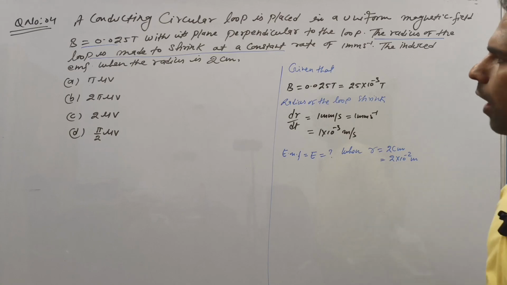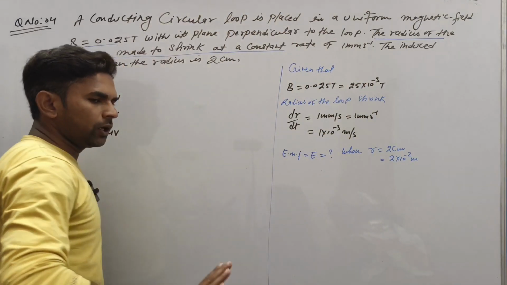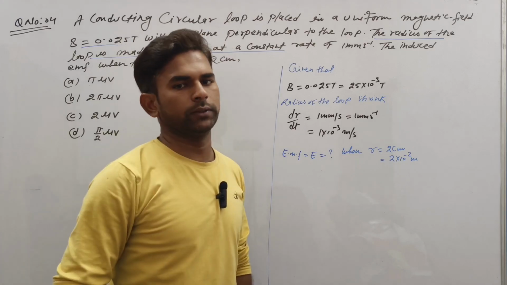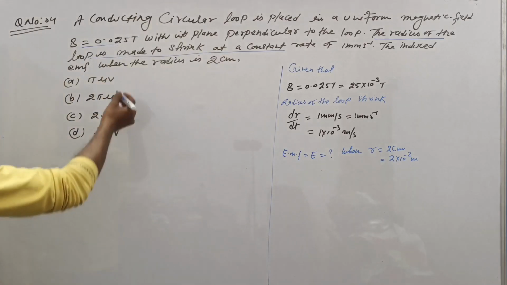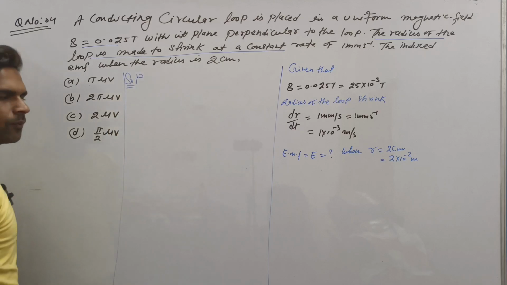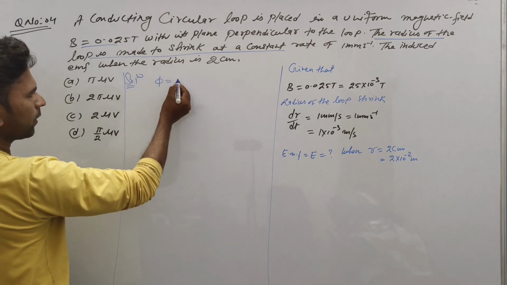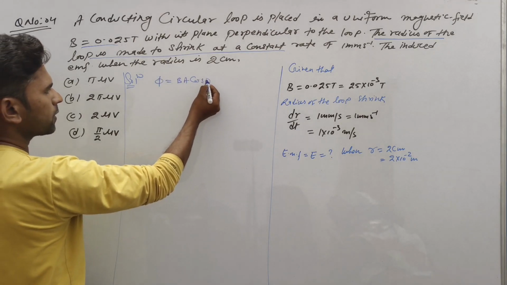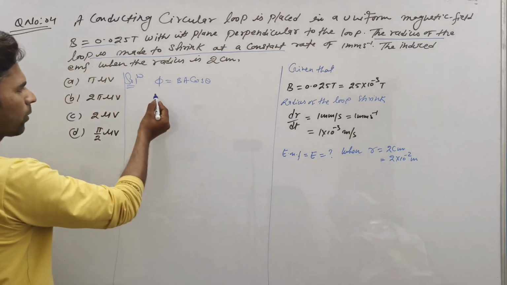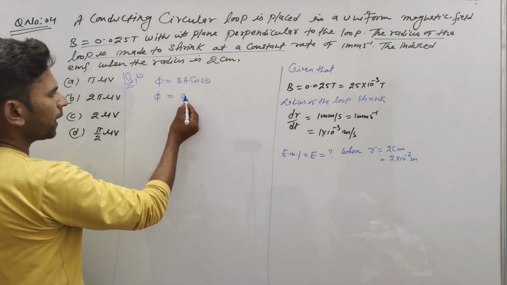Now how can we find this value? You know, induced EMF will come when you make a change in magnetic flux. So to solve this problem, for the magnetic flux, you know very well, magnetic flux is equal to BA cos theta. For this situation, you will apply the formula phi is equal to BA.